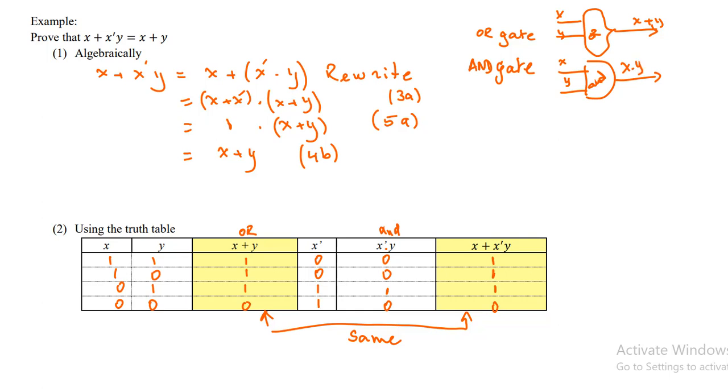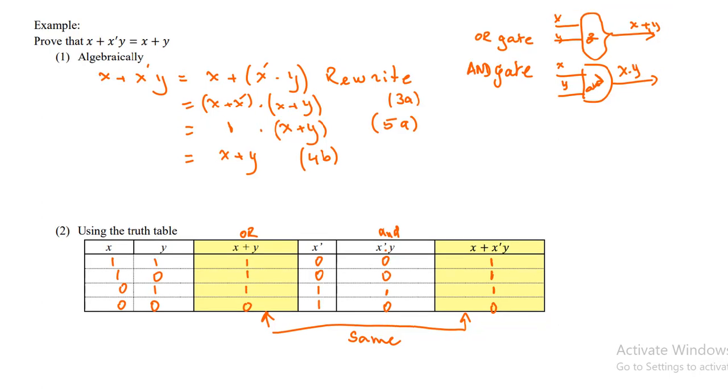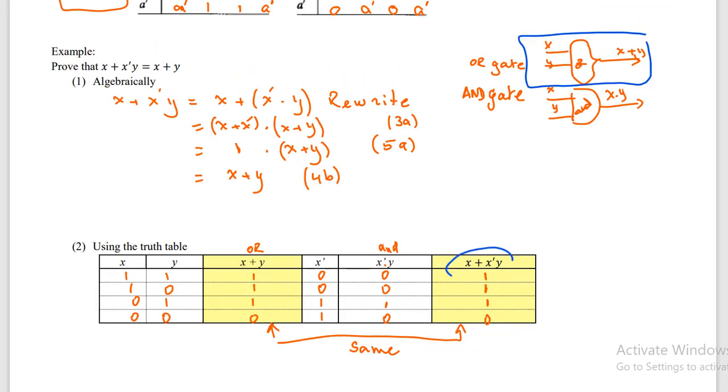So what does it mean, one side and the other side? So X plus Y, I already have it right here. So which is better, basically, to draw this or to draw this one here, which is, here is the X. And then we're going to take the X and we're going to negate it. And here is the negation gate. Okay, and then we take the wire Y. And then between them is an AND gate.